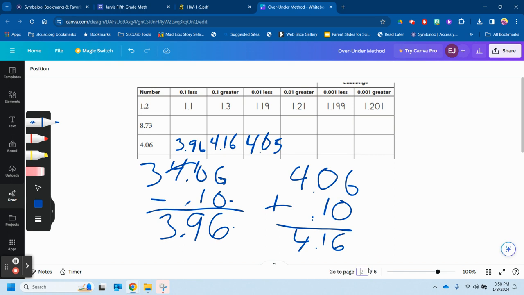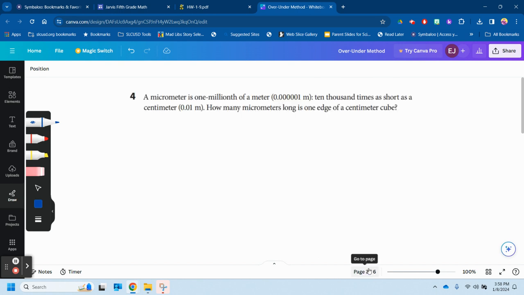Okay, let's move on. Now we got this monster of a problem. We're talking about micrometers. A micrometer is 1/1,000,000th of a meter. Meaning if I have 1 meter, so here's a million. 6 zeros. Hopefully we remember this from the beginning of the year.